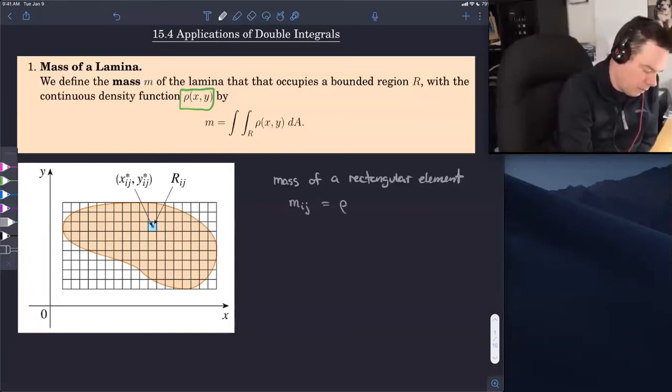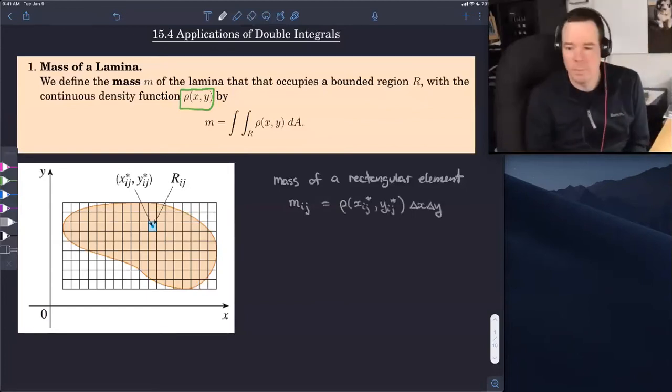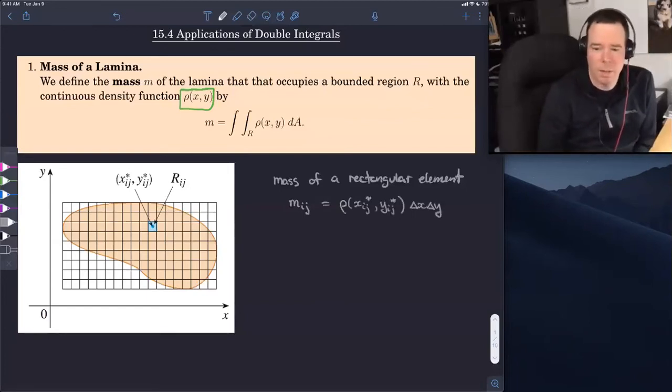Well, we can think of the density as being constant over that entire rectangle. So when I sample it at a sample point, this would be the density over the entire rectangle, or at least a good approximation of it. And then we just have to multiply by the area of that little rectangle. And so this would be the ij-th mass element.